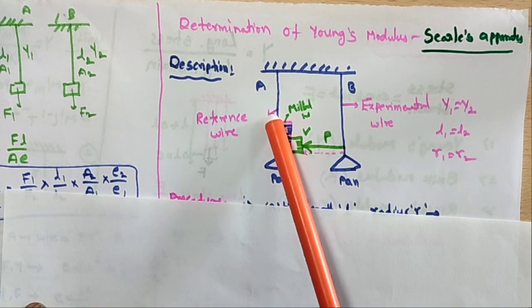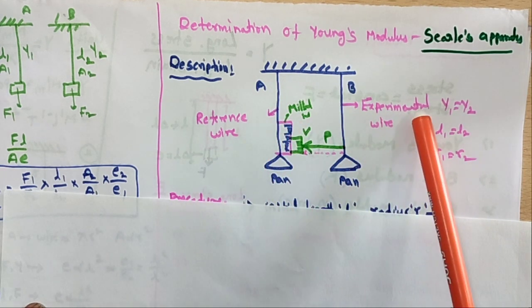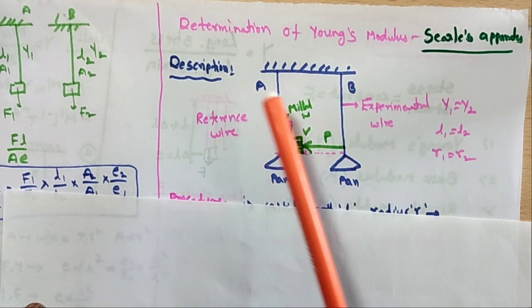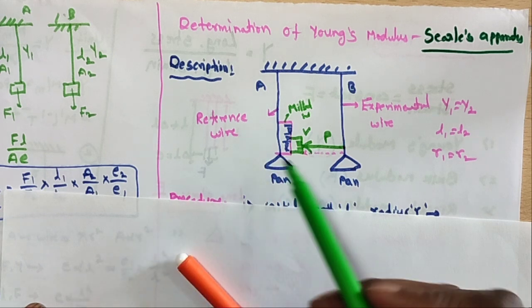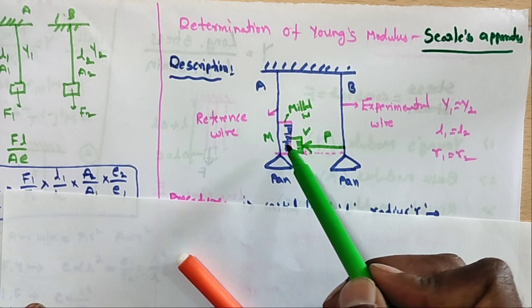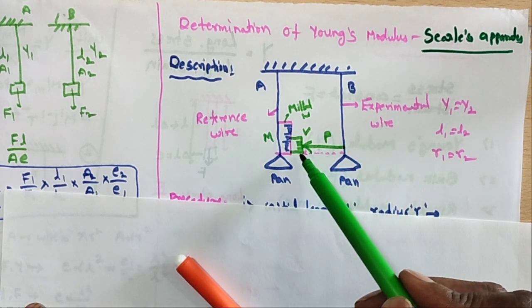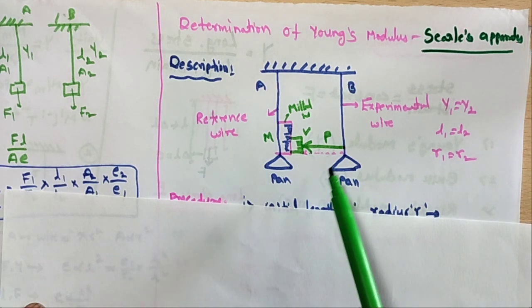Wire A is called the reference wire, wire B is called the experimental wire, and wire A is connected to a millimeter scale, capital M, the millimeter scale. And wire B, the experimental wire, has one vernier scale. This vernier scale has one pointer.